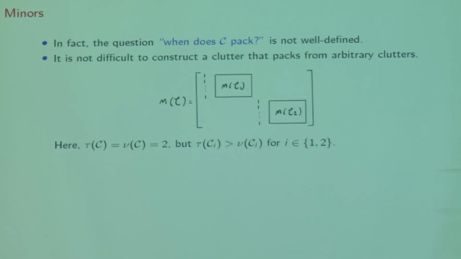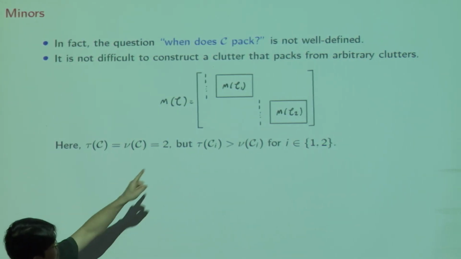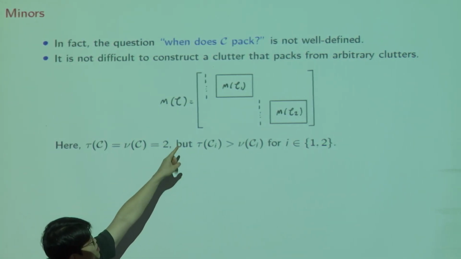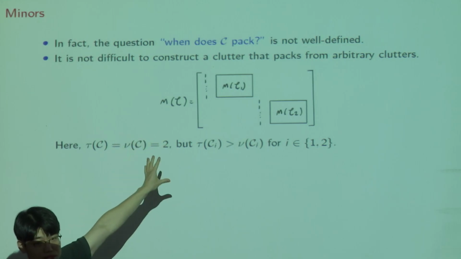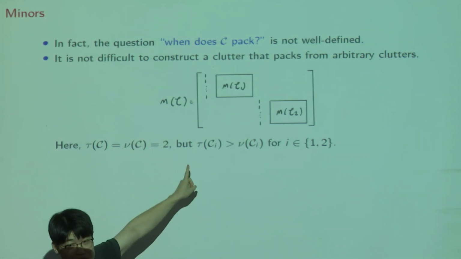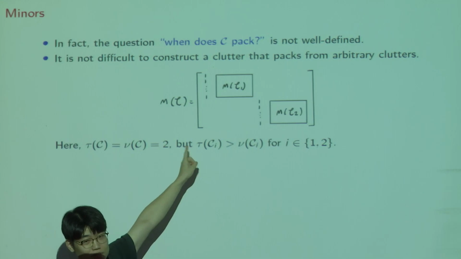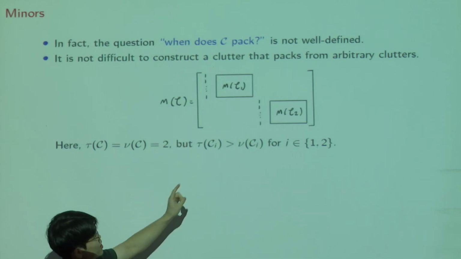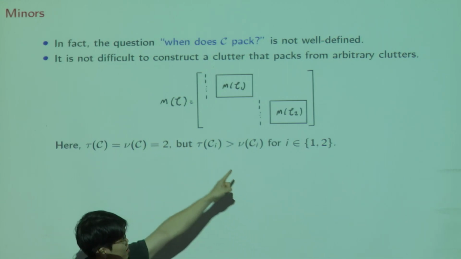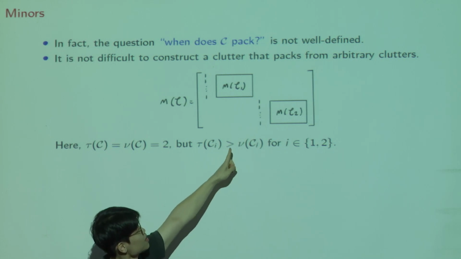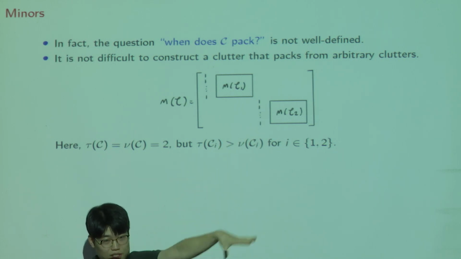If you look at this example, I have one clutter in the top left corner, and I'm adding one column which has all ones for the first set of rows, and I have the second clutter, and then another column of all ones for the second part.